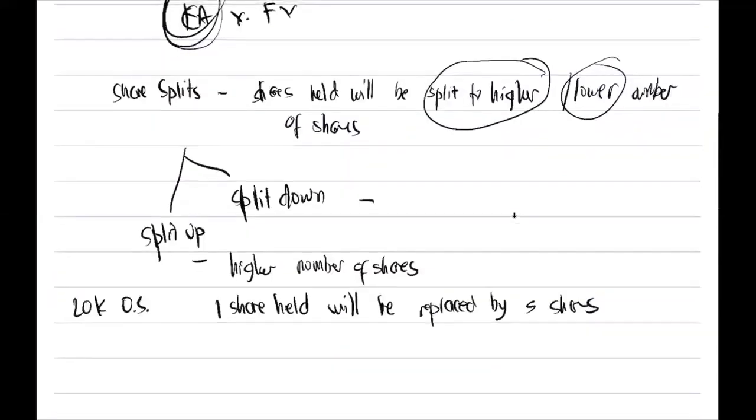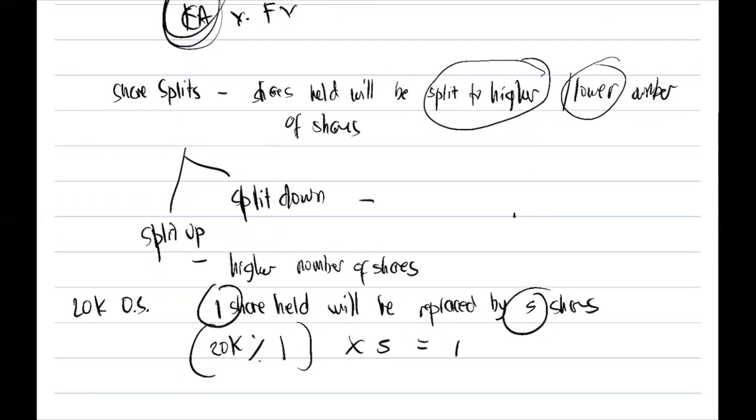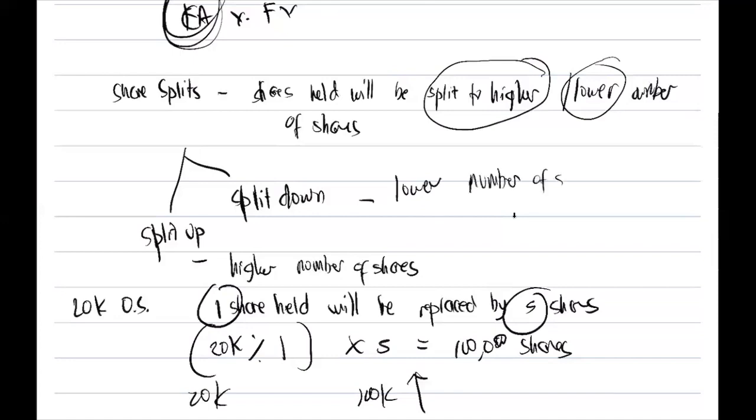If you have 20,000 ordinary shares and one share held will be replaced by 5 shares, in short, what you do is 20,000 divided by 1, yan, i-multiply nyo dun sa replacement niya. So magiging 100,000 shares siya. So from 20,000, naging 100,000. So there is an increase. Pagka-split down naman, it will be exchanged to lower number of shares.